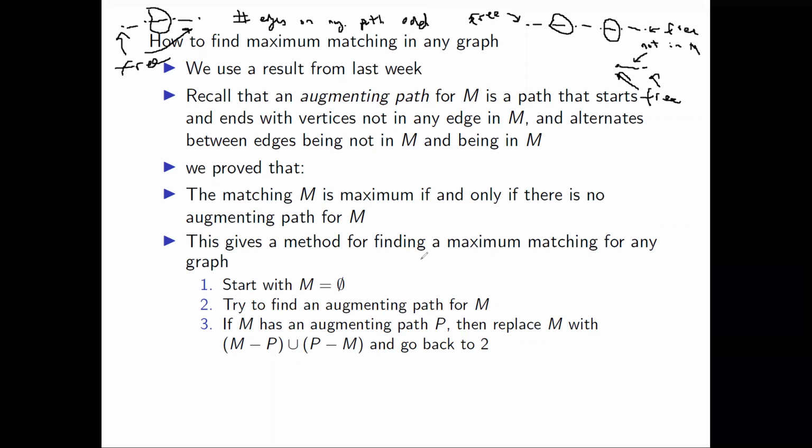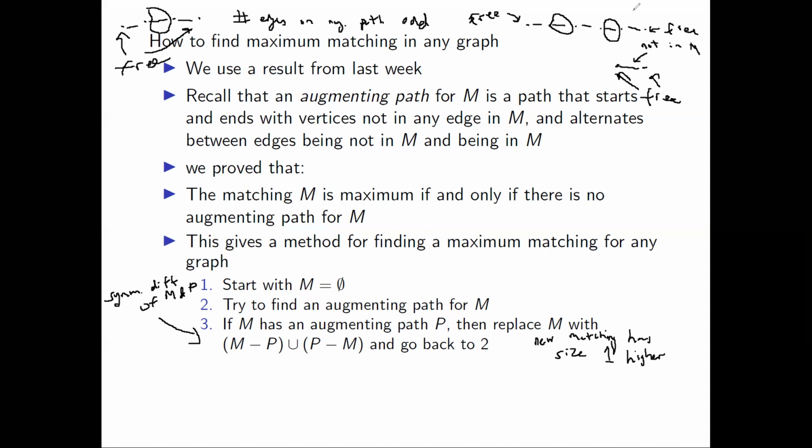So in that case, we replace the matching M with M minus P union P minus M. So this is the symmetric difference of the sets M and P. And when we take that symmetric difference, the new matching is going to have a size that's one higher than the size of M.